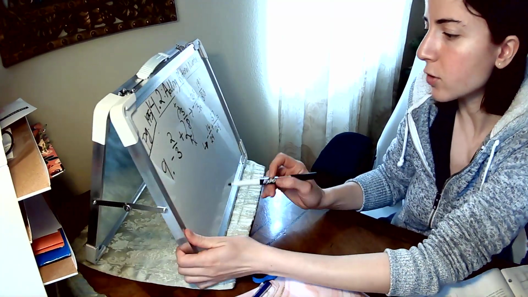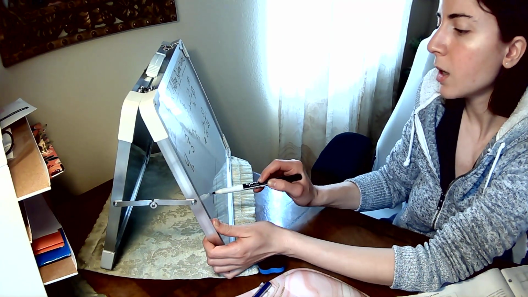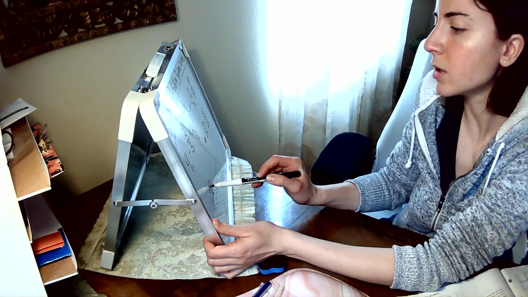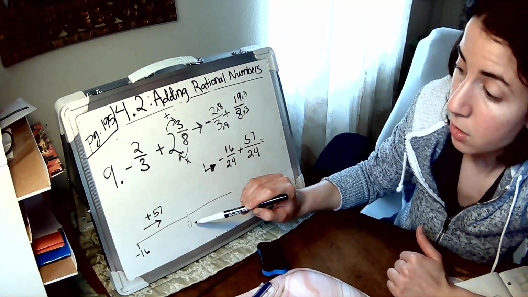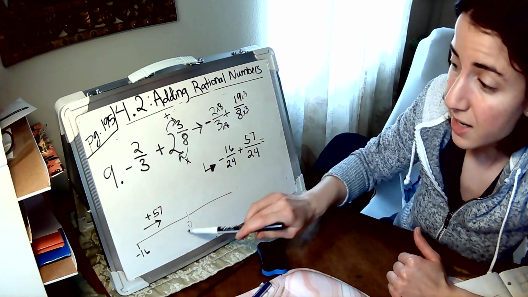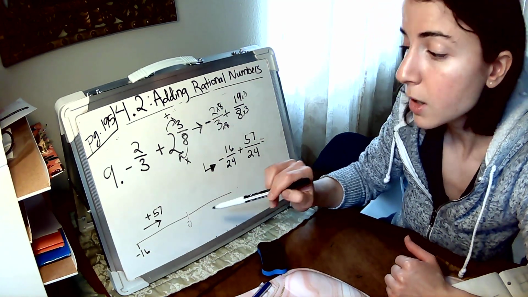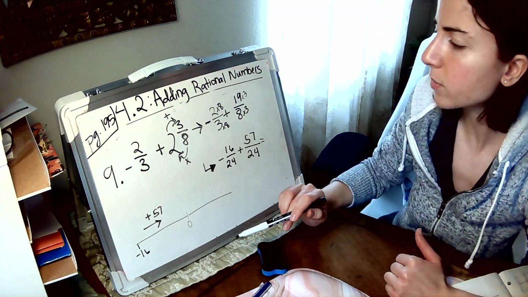Just a quick reminder, imagine you're at negative 16 on the number line. If you add 57, you go well past 0. So you're essentially taking 16 away from 57, and the answer is going to be positive because you pass 0 into the positive zone, right?